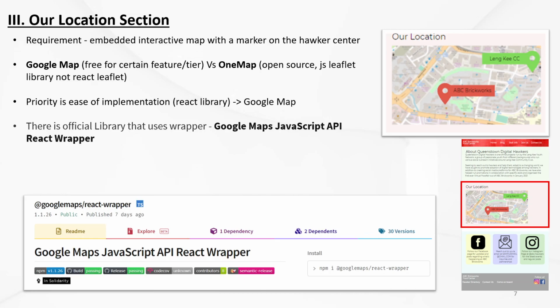However, life is not so simple. Though there's an official library that uses a wrapper, it supports TypeScript only, which we do not use. As you can see in the screenshot below, the Google Map React wrapper has a big TS icon here in blue.